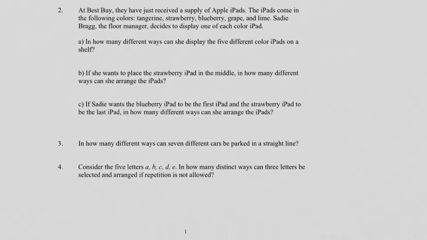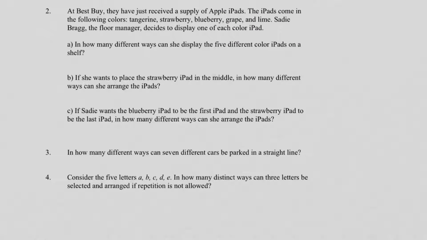Okay. Does order matter here? Yes. Because once she chooses tangerine to go first, she can't choose tangerine to go somewhere else. That's her spot for that. So order matters.